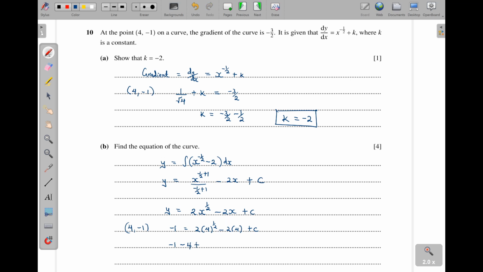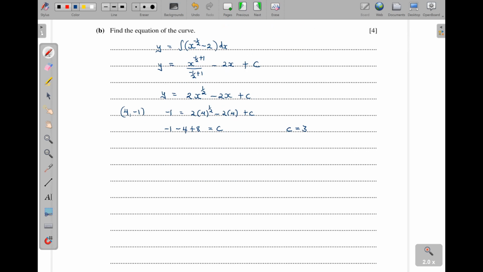So when it crosses, it's a plus. Now, this is -5. So 8 minus 5, we shall get a 3. That means c is equal to 3. So the equation of the curve is therefore y equals 2x to the power half minus 2x, then plus 3. As simple as that.